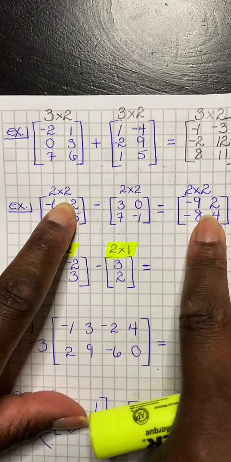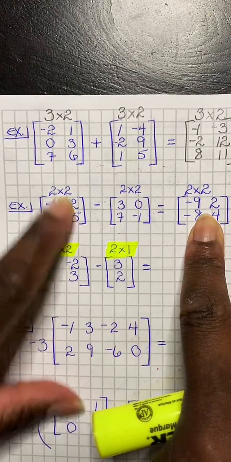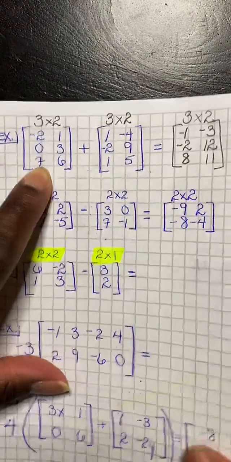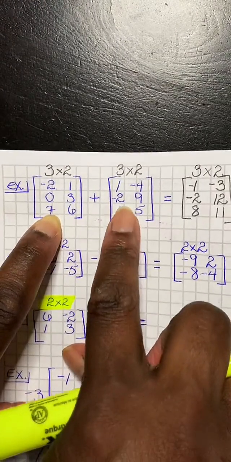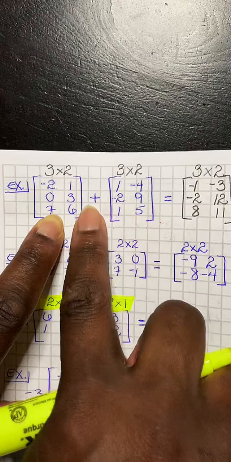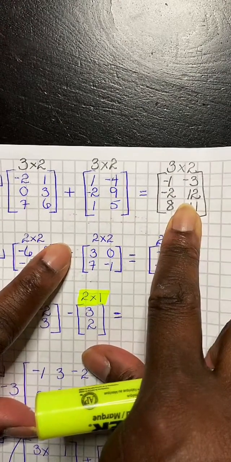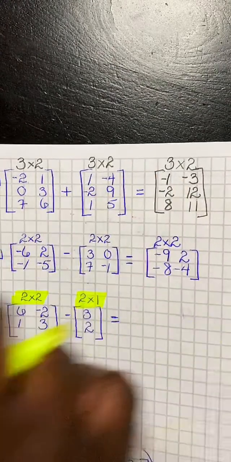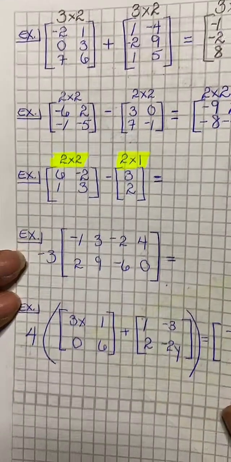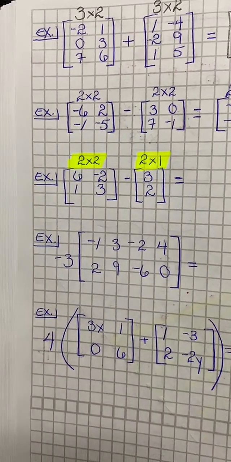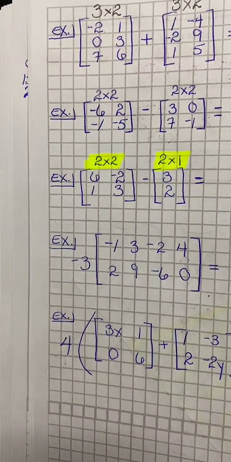So we got out a 2 by 2. Same thing happened with this one. We had a 3 by 2. This was a 3 by 2. We were able to add them together because our answer was a 3 by 2. All right? So the dimensions have to be the same when you are adding or subtracting.